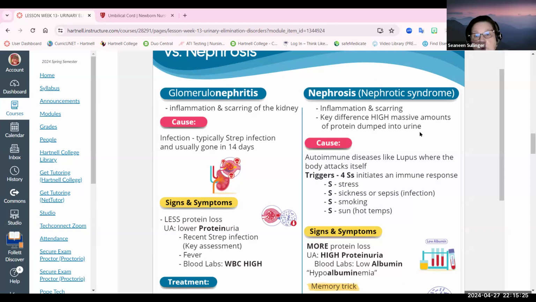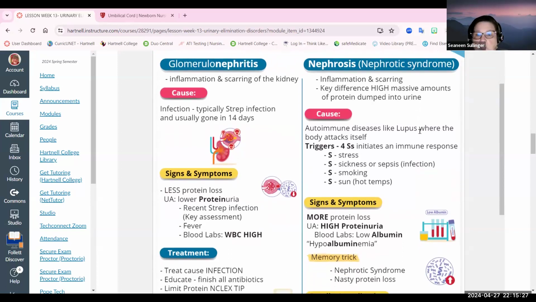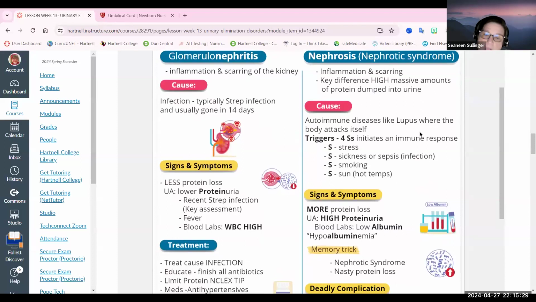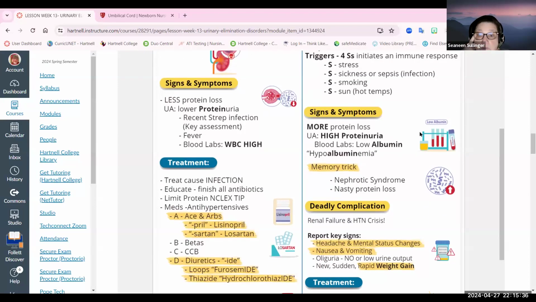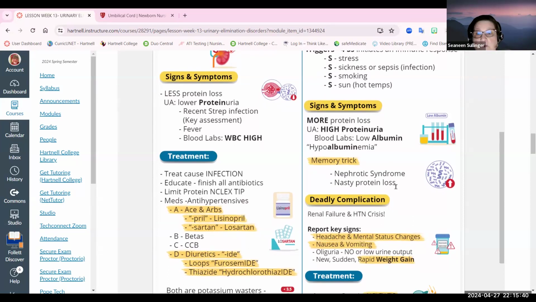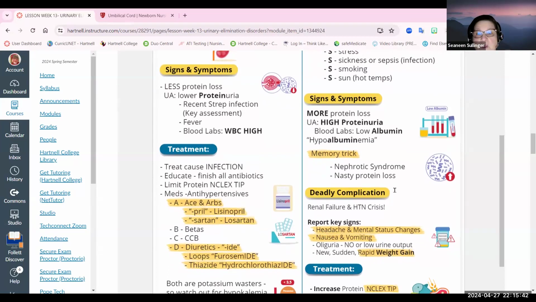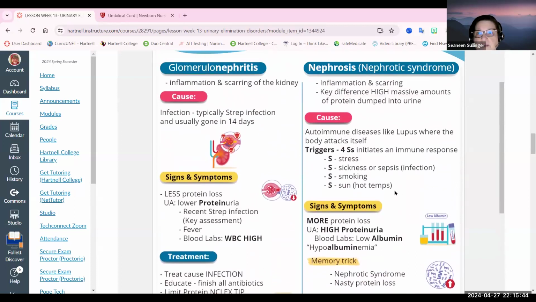And so you are going to see more protein loss, low albumin, so you're going to have hypoalbuminemia. And then you can get to a hypertensive crisis and kidney failure, maybe headaches, nausea, vomiting, no or low urine output, rapid weight gain. Because remember, with nephrotic syndrome, you get the more rapid swelling. Glomerulonephritis, you do get edema, but it's not as rapid of an onset.